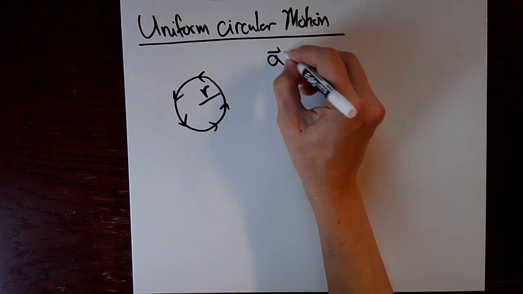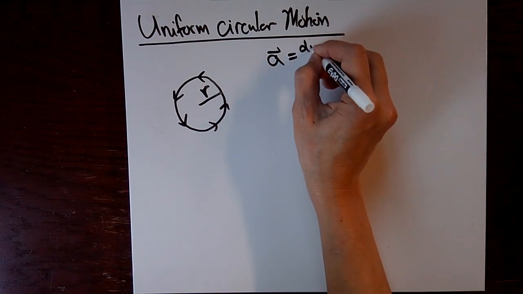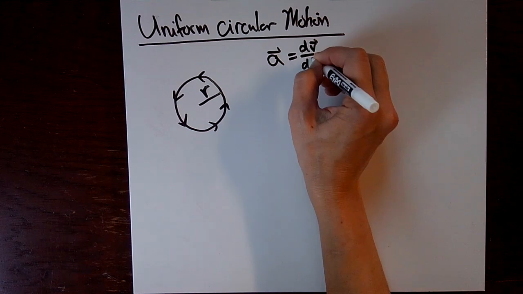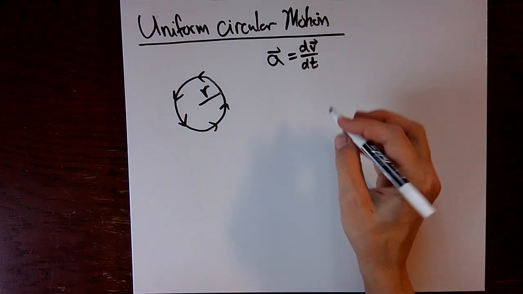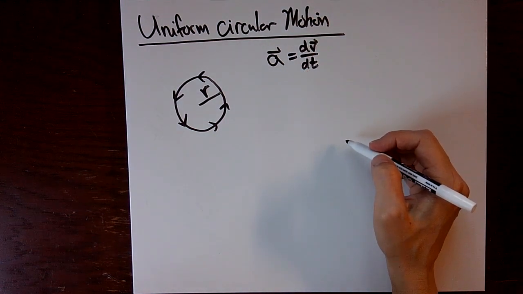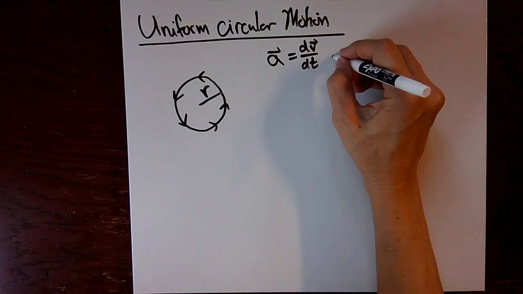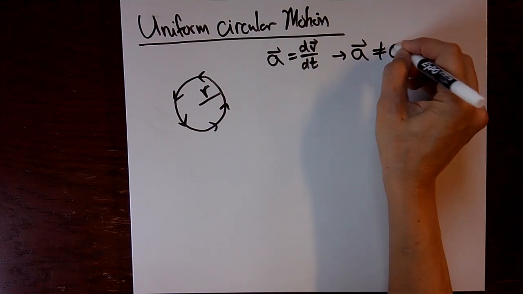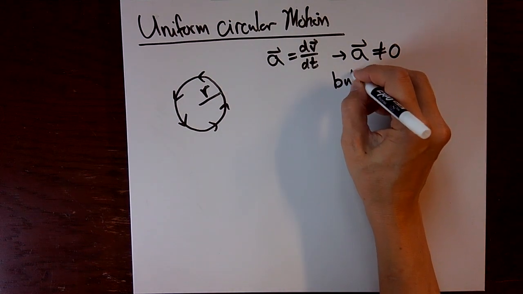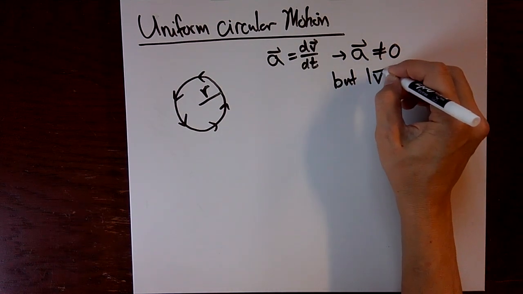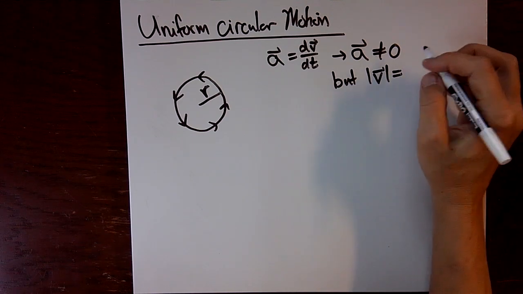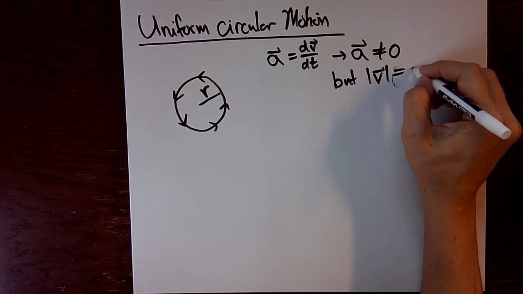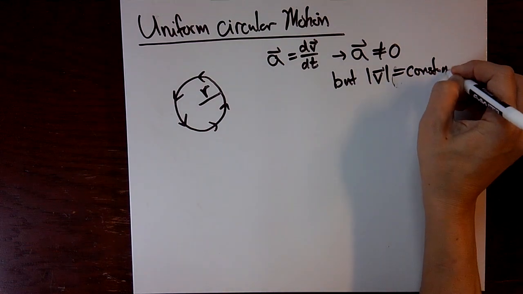So acceleration is the rate of change of velocity with respect to time, the derivative of velocity with respect to time. And it turns out you can have a situation where the acceleration is not zero, but the velocity has a magnitude which doesn't change, or it's constant.